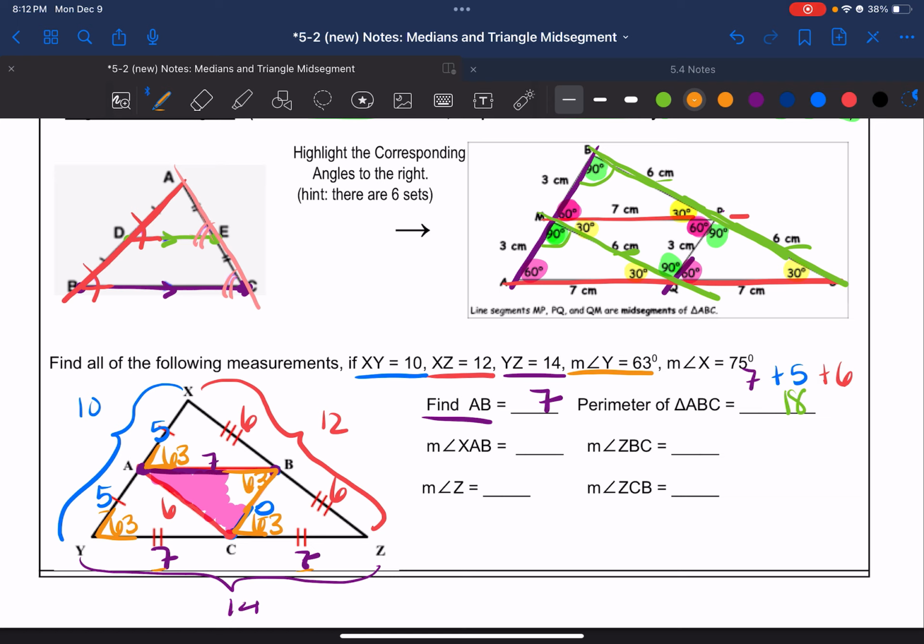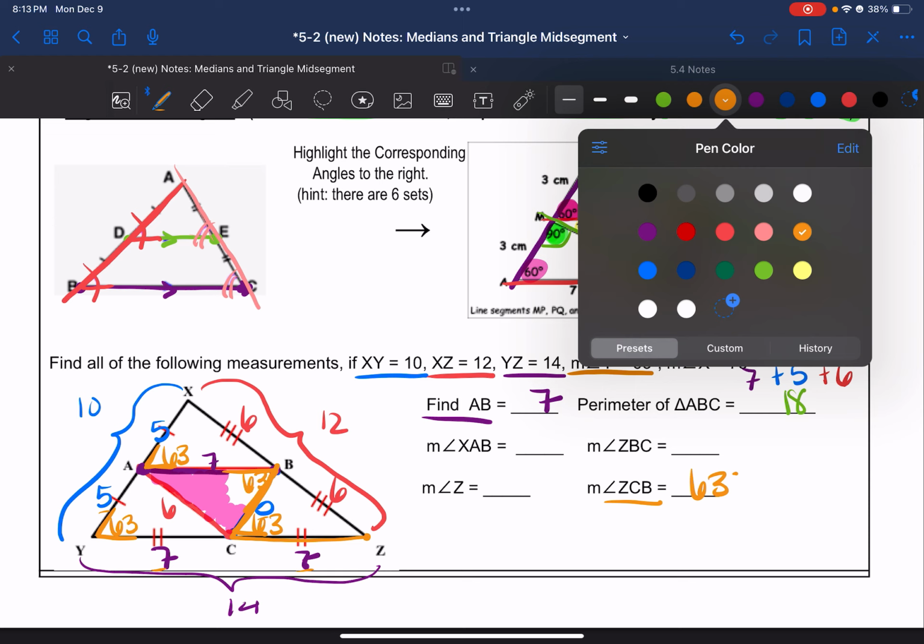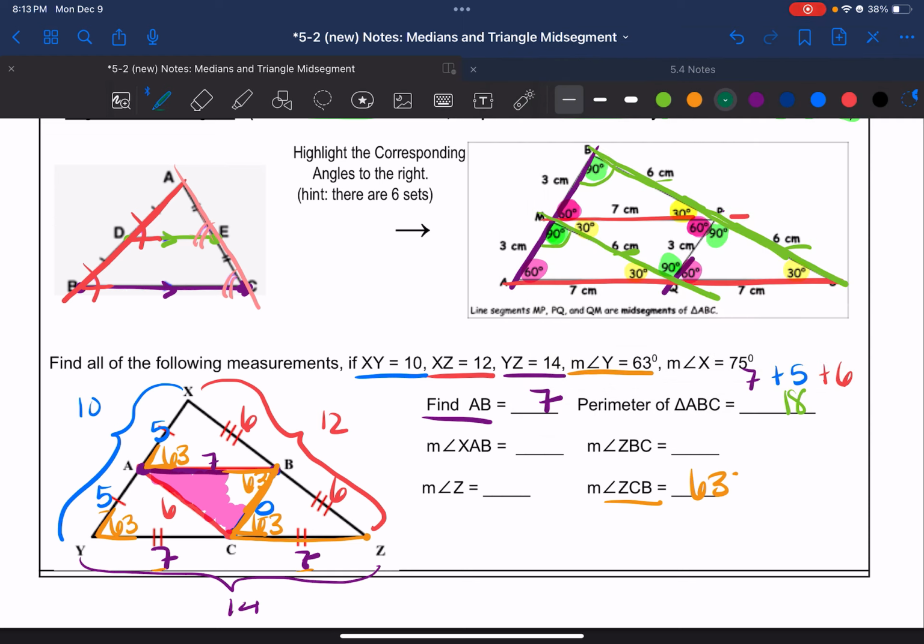And coming over here, that is one of the questions that was being asked. I think, where's this? ZCB, that is 63 degrees. Then let's go through and look at another one that they ask or give us. X is 75, so 75, and as you can see, it's between 5 and 6.